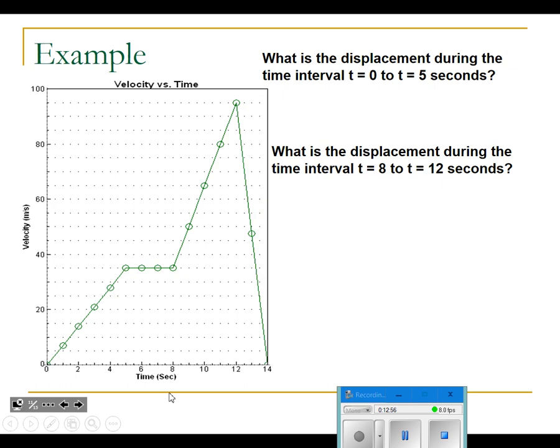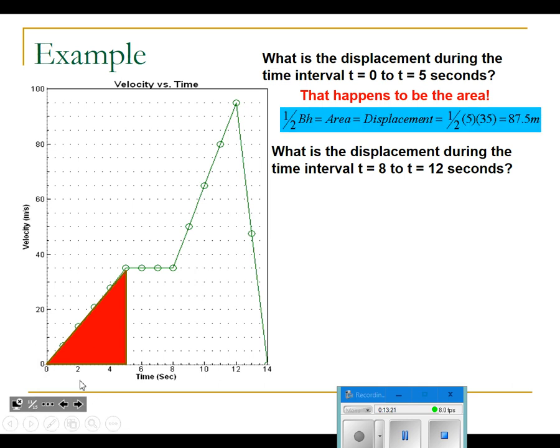So what's the displacement during the time interval of 0 to 5? This is the same graph we looked at earlier for velocity versus time. From 0 to 5, that happens to be area. So what happens to be the area here? I want to look right here. That actually is a triangle. So what's the area of a triangle? 1/2 base times height.